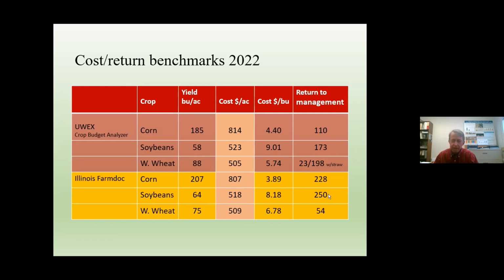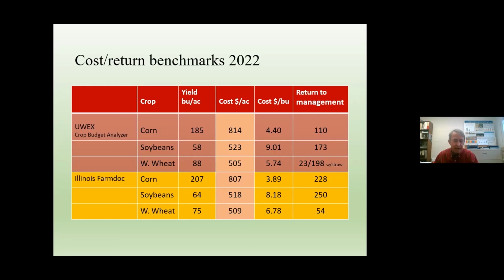They, interestingly too, have a little bit better return on soybeans. They use the same market prices that I did for corn and soybeans.